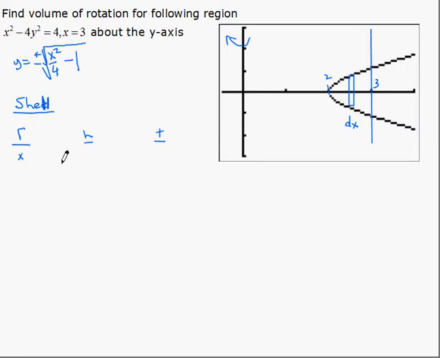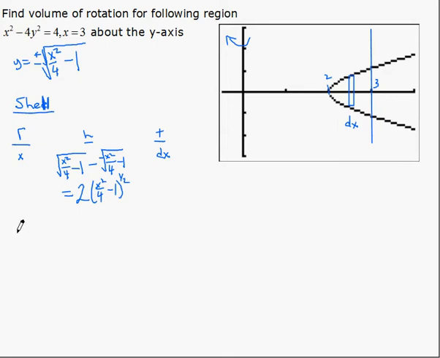So the top of the rectangle is the positive square root of x squared over 4 minus 1, minus the bottom of the rectangle, which is negative square root of x squared over 4 minus 1. Negative negative means positive, so when we simplify that, we're going to have 2 times x squared over 4 minus 1 to the power of a half. The thickness, of course, is dx.